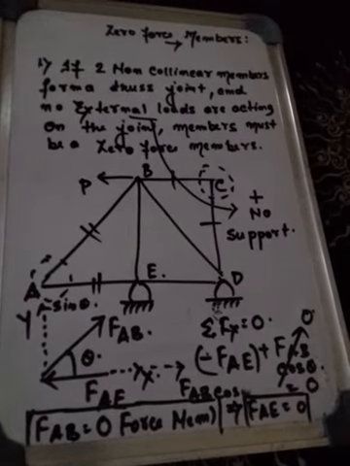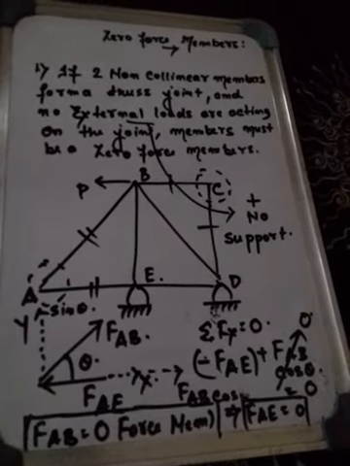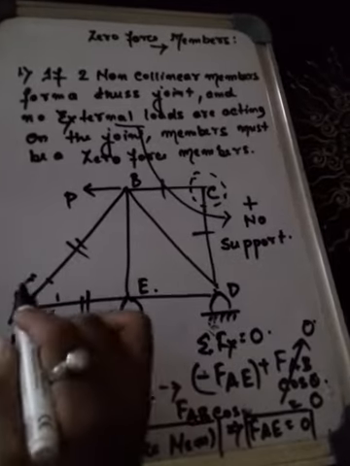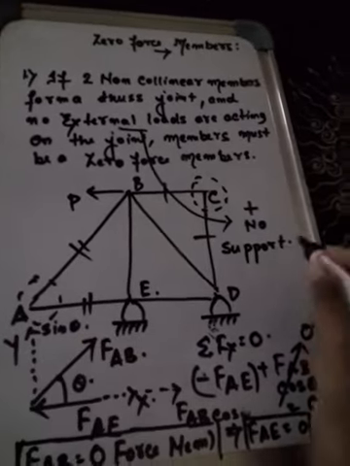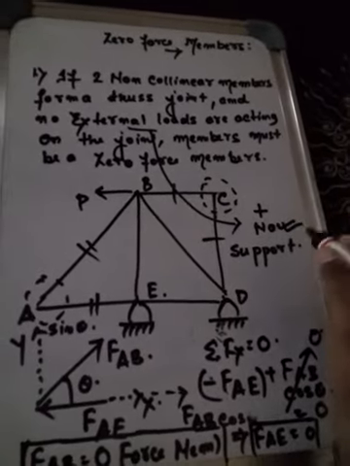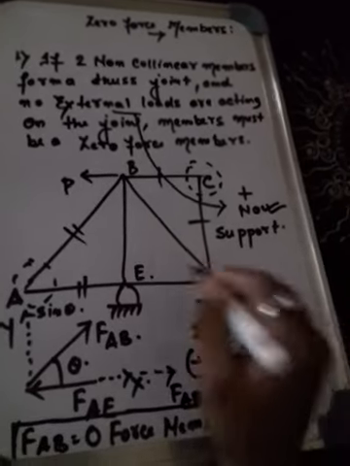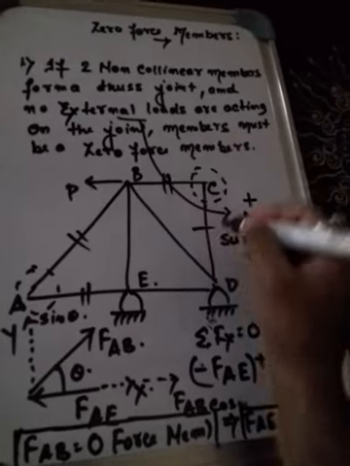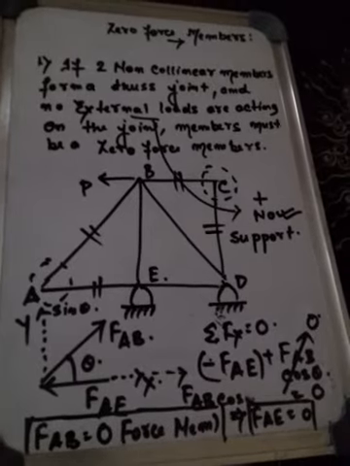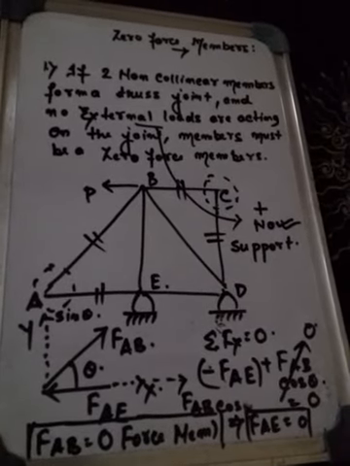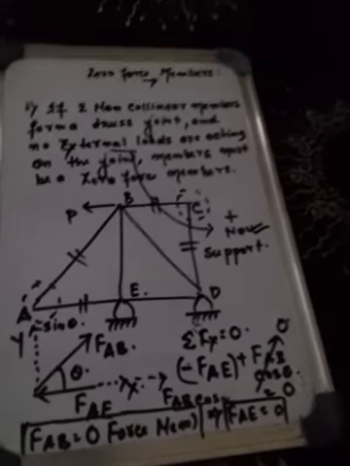I think this case study is clear to all of you. Two non-collinear members form a truss joint and there are no external loads or support. No support also. This is very important. No support. Then both these members will be zero force members. Clear? Okay.